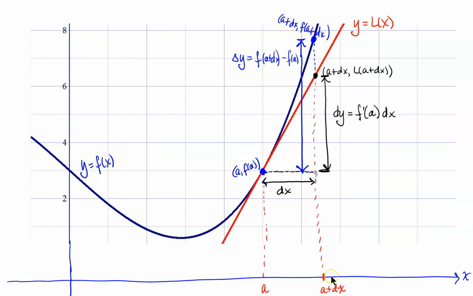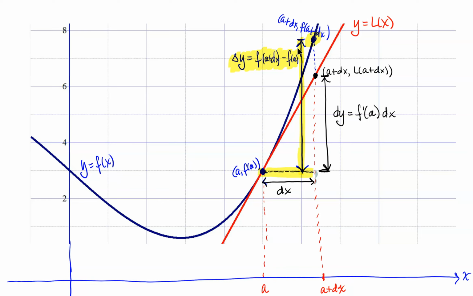Now what we're interested in is the change between the function value at that new point and the original function value. So that's illustrated here with this line. We're interested in that difference, or the true change in y, that is equal to the new function value minus the original function value.